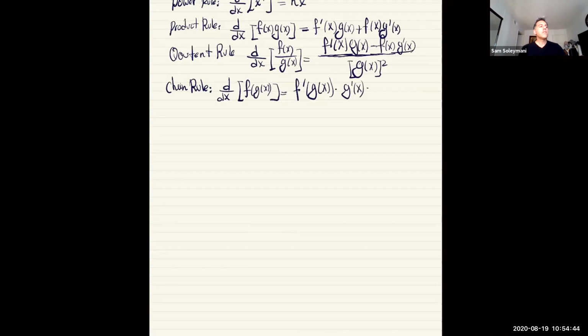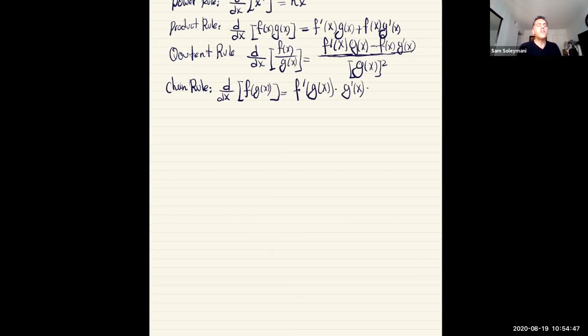Those are the only derivative rules. Unfortunately, there is no integration rule. There are integration methods, but these derivative rules are proven to work all the time. All right? So you should be able to do that.